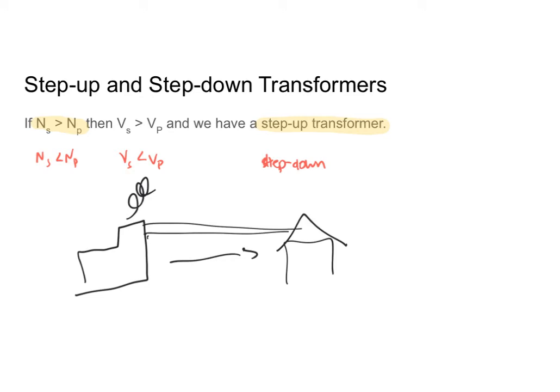And what we can actually find is that having a larger voltage in that wire is going to decrease the power that's lost. So, as a result, it's more efficient to transfer electrical power at high voltages.